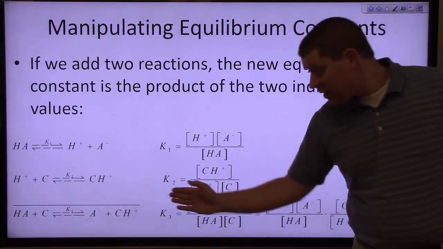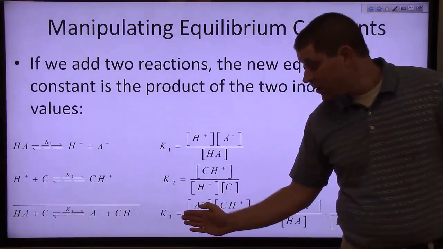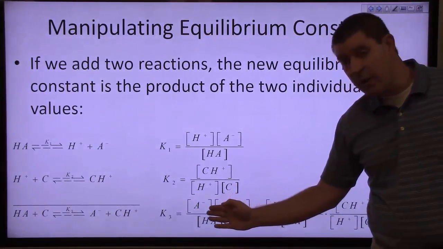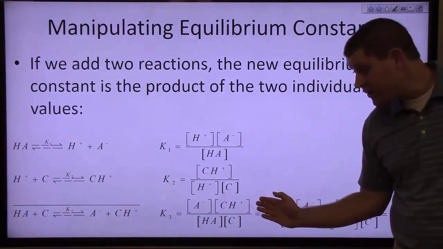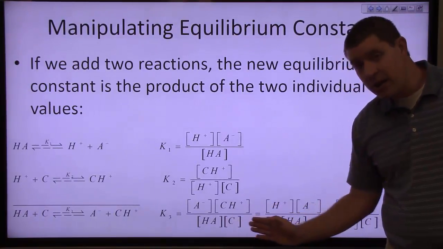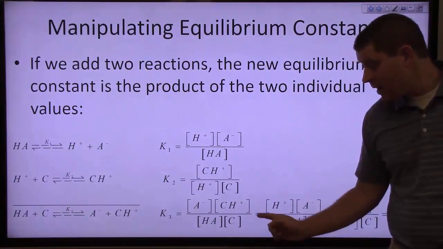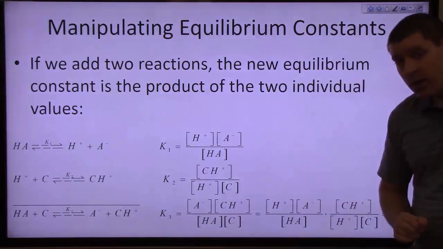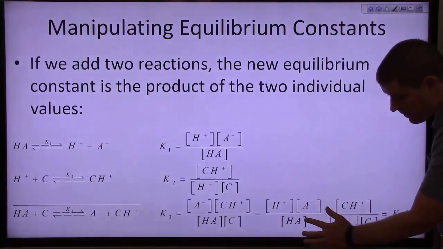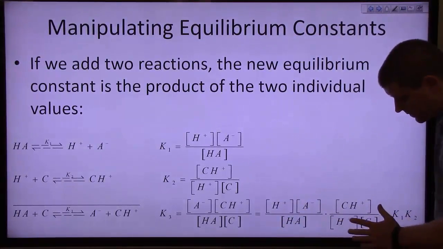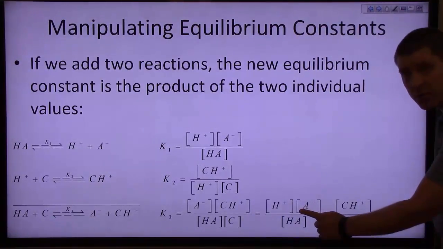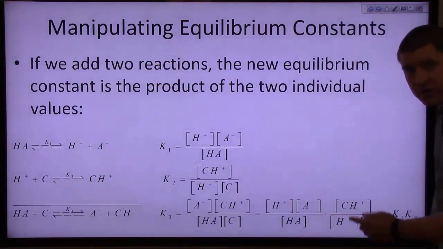And now, in this case, we've got K3. We're going to again take the concentrations of our products, so the concentration of A minus times the concentration of CH plus, and then divide by the concentrations of our reactants, so divided by the concentration of HA times the concentration of C. Now note that this fraction, we can split up into H plus times A minus divided by HA, times CH plus divided by H plus times C. Really we're just multiplying by H plus over H plus, so we're multiplying by 1.